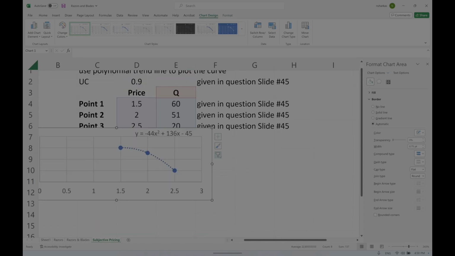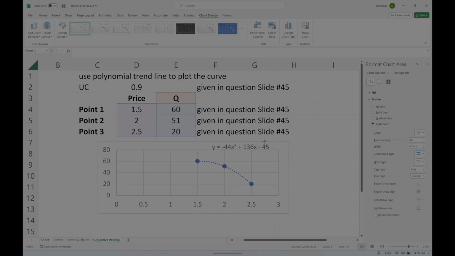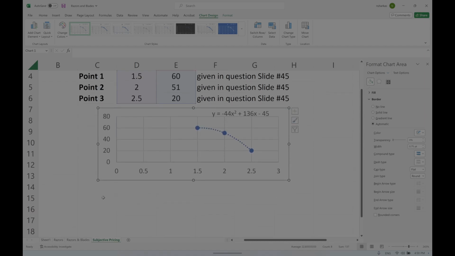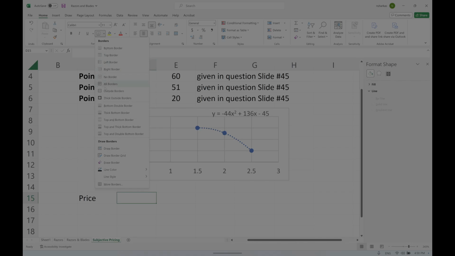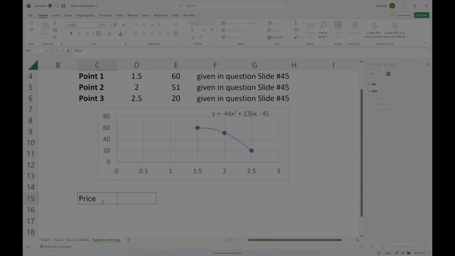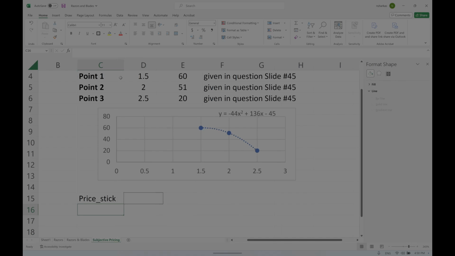What we are going to do is set up the optimization problem. We need the optimal price. This is the price of the stick. And then you have also the demand.